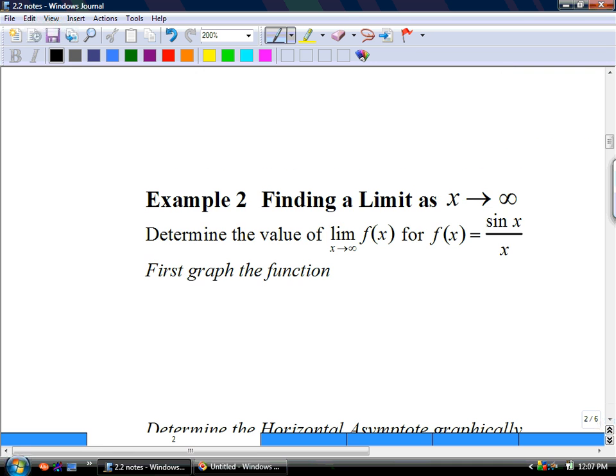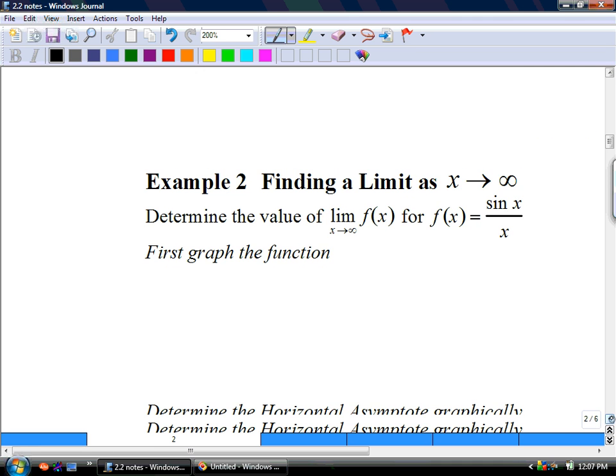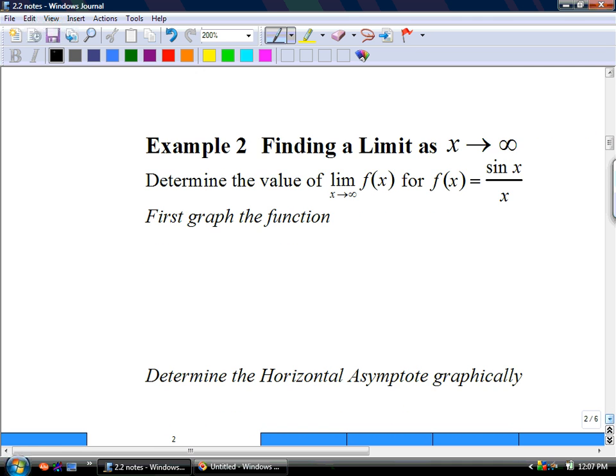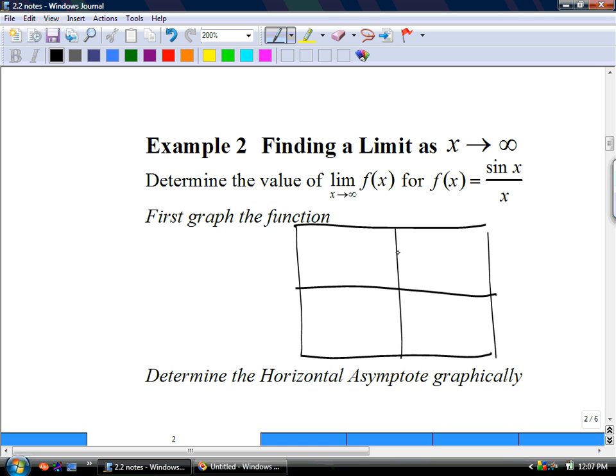Flip the page. So when we graphed sine x over x, we were interested in it a couple of days ago. We were interested in what it looks like as it got close to 0.